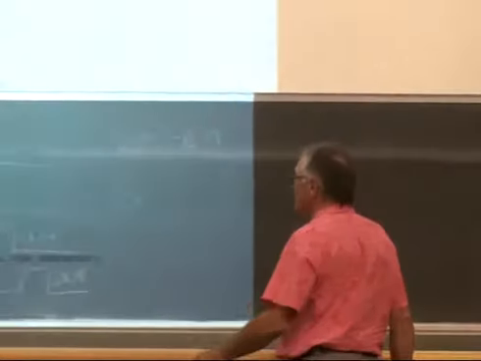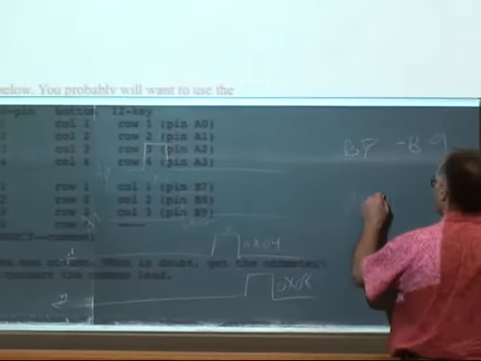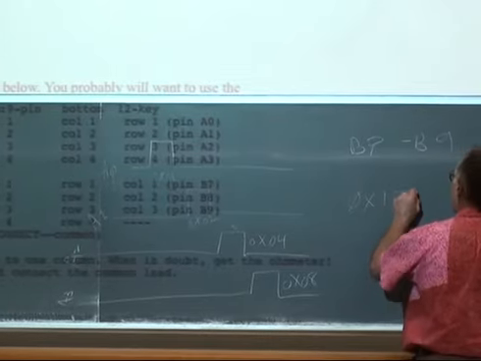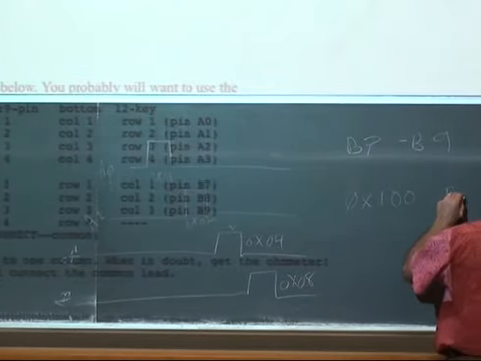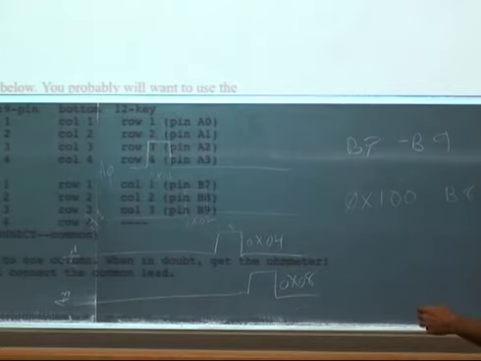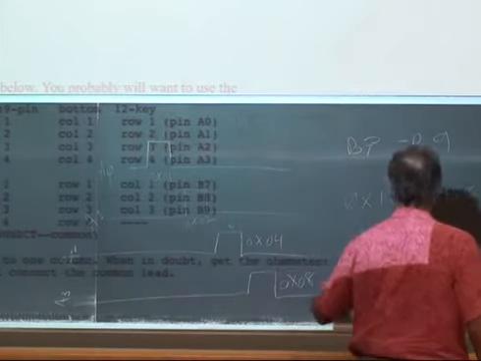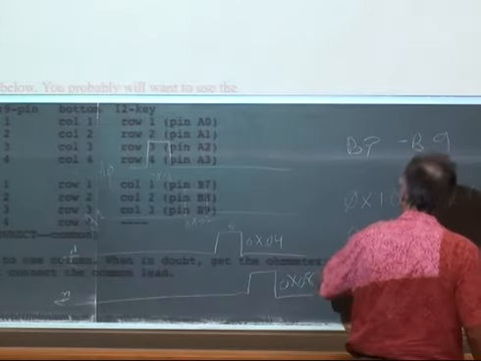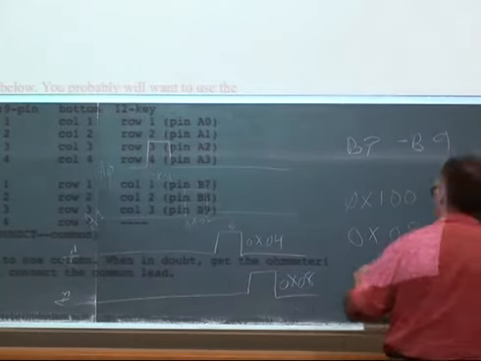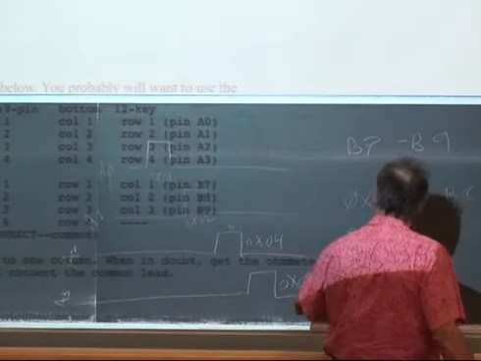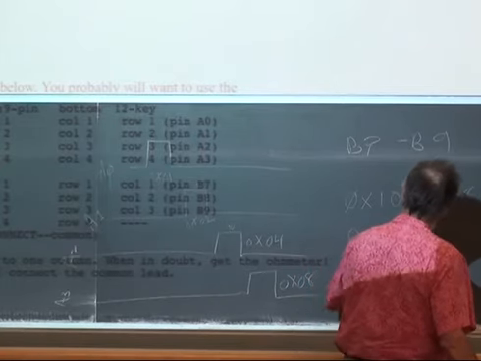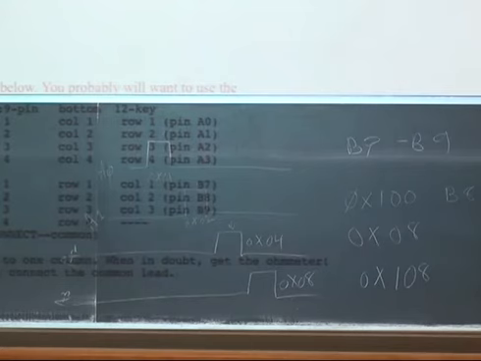So we're going to OR together B8, and row 3 is A3, which is 0x08. So when we OR those together, we're going to get 0x108. So 0x108 is going to be the scan code for button 0.